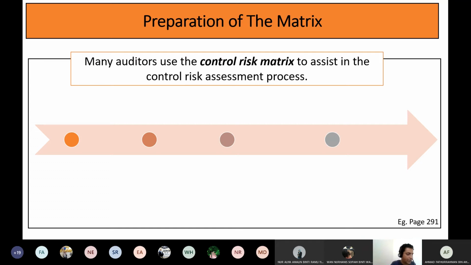Moving to another example, timing, which is the last one. The sales are recorded on the correct dates. So it is about timing. Let's see what controls they have. Control 4 is related: shipping documents are forwarded to billing daily and billed the subsequent day.